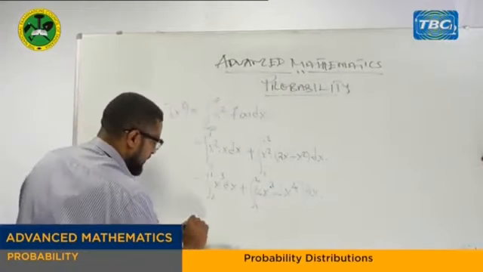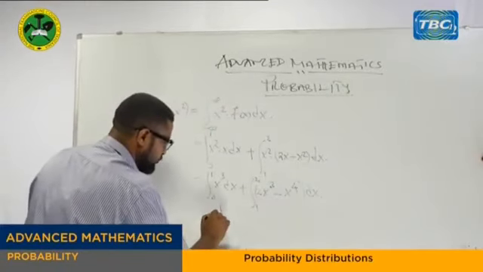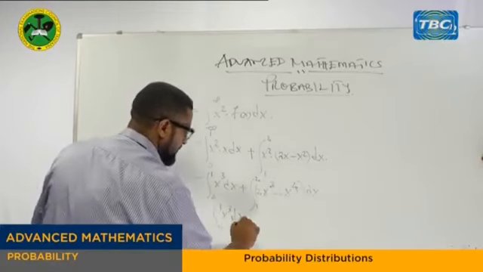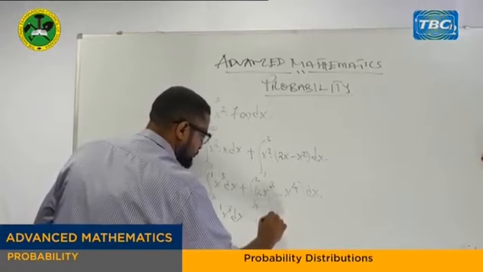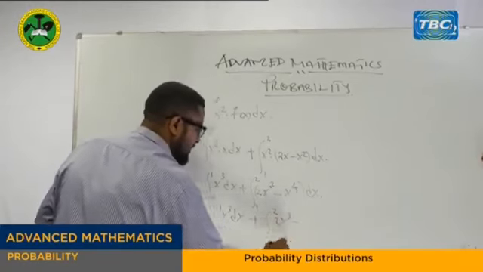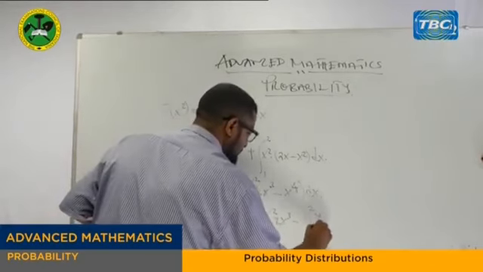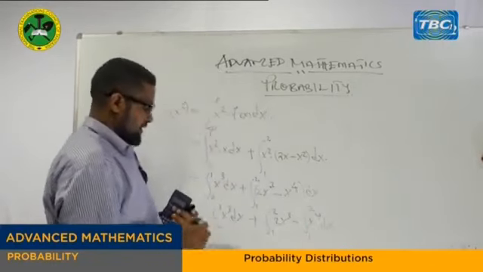Now, if we simplify more, it will be from 0 to 1, x power 3 dx. Now, open up, plus 1 to 2 of 2x power 3 minus the integral of x power 4 from 1 to 2 dx.